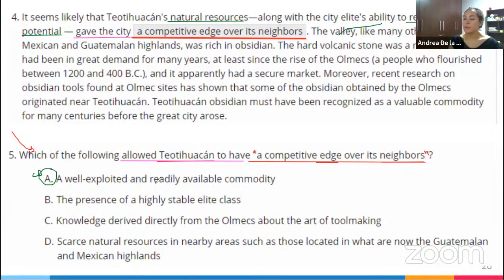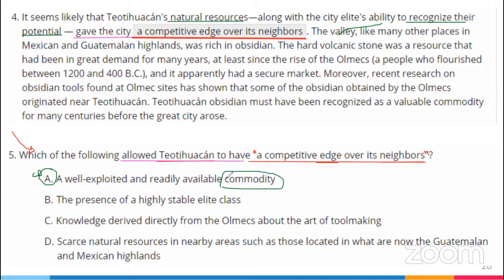It says, a well-exploited and readily available commodity. Do you guys know what commodity means? Does anyone know what it is? I don't know how to explain it, but I would say it's like petroleum, gas, or some exchanges in countries.